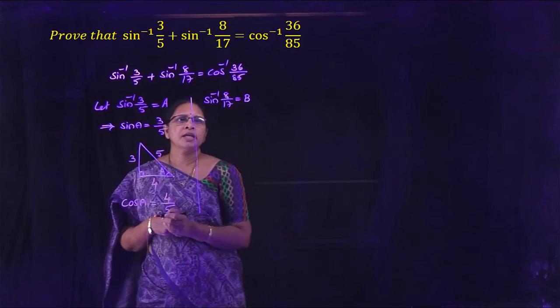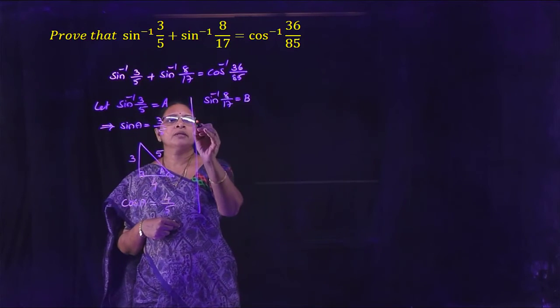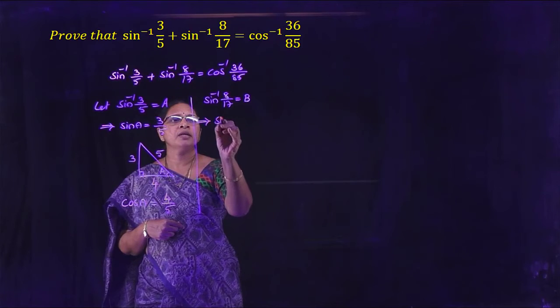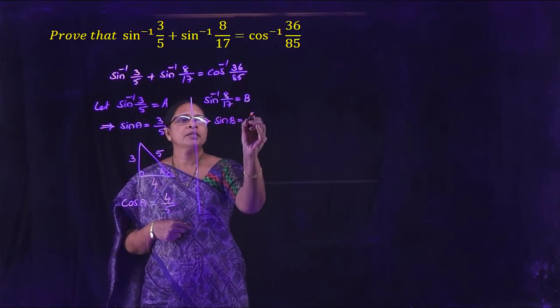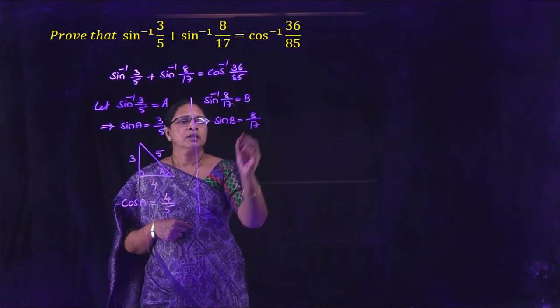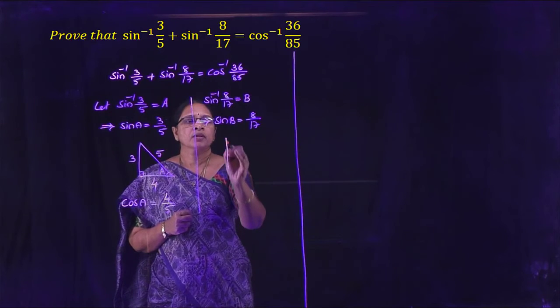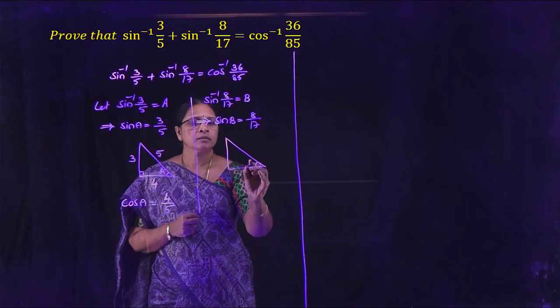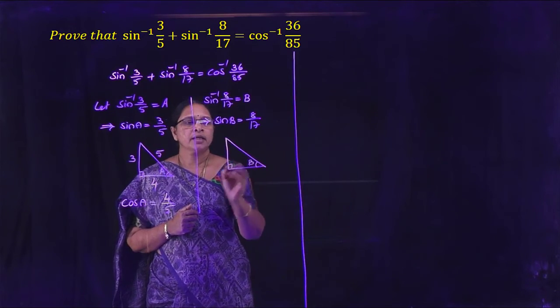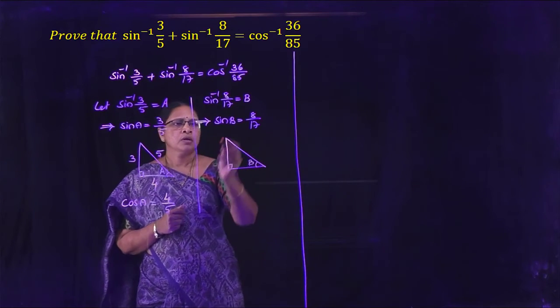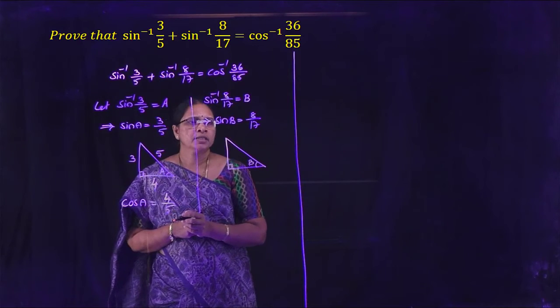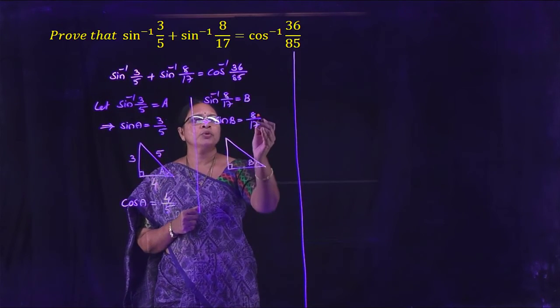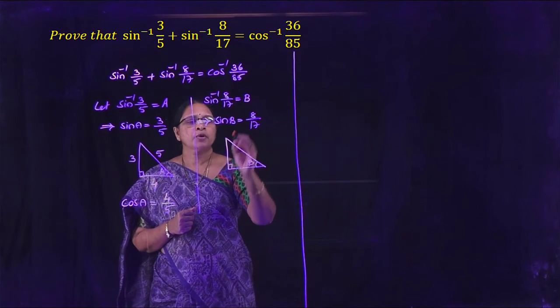Sin inverse 8 by 17 equals B, that is sin B equals 8 by 17. Consider a right angled triangle with an angle B. This is a right angle. We know sin B equals 8 by 17, that is opposite side by hypotenuse.